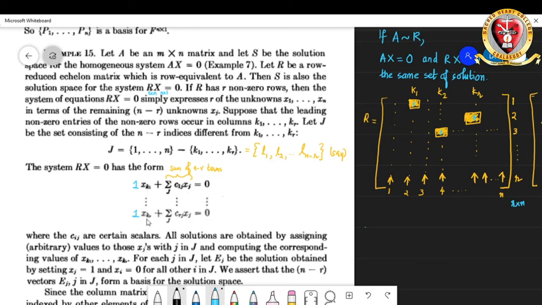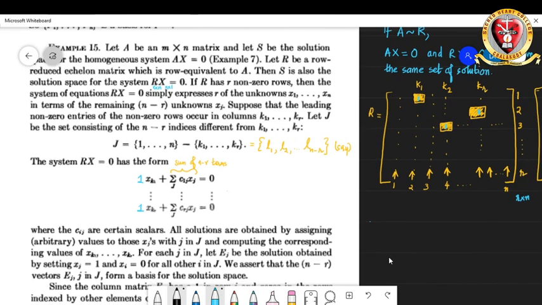Similarly, xkr is equal to minus the summation over j of crj xj. So after the computation, the solutions for xk1 etc xkr are found in terms of the xj's, where j comes from the indexing set capital J.